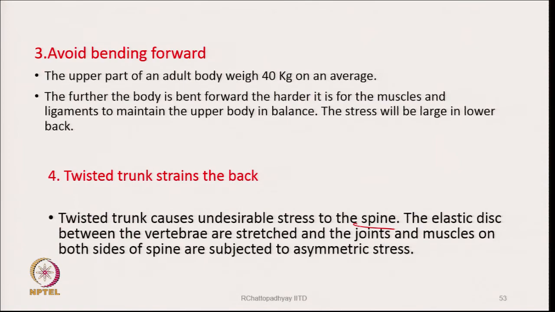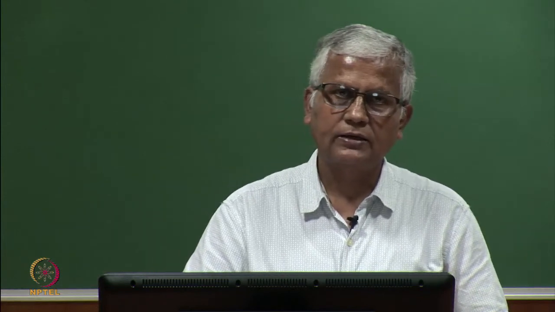So, such kind of designs need to be avoided, where there is a possibility that the person has to twist his trunk, or bend or lean forward or backward or sideways, whatever it is.